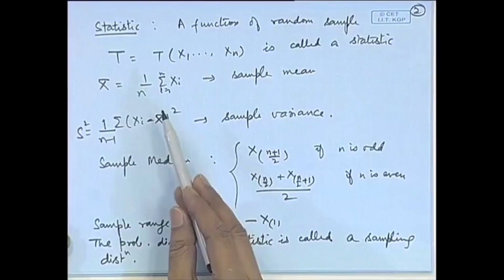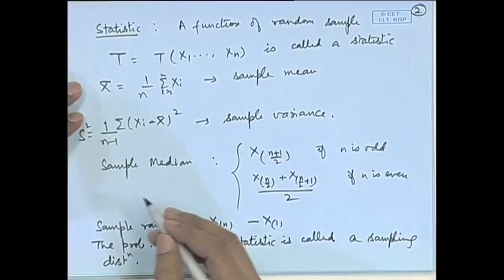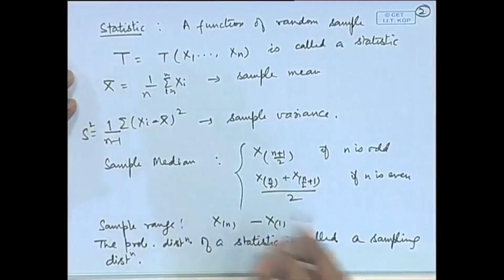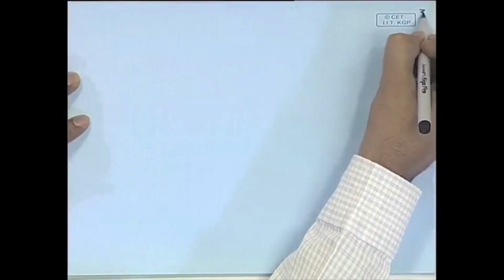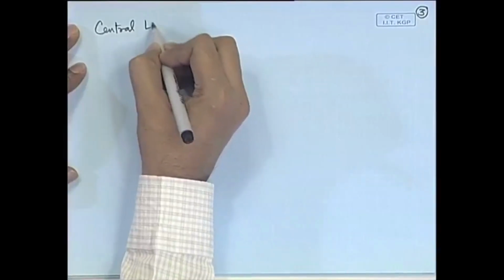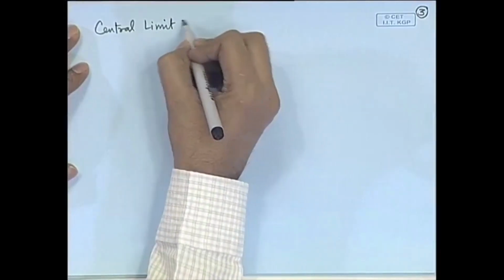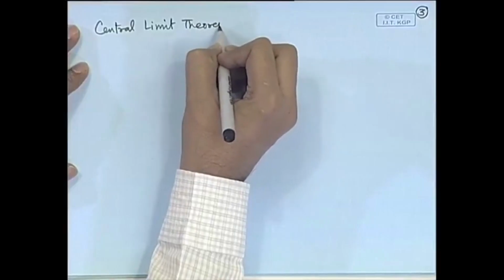However, there are some particular characteristics such as the sample mean or the sample variance which play a very important role, and here we will consider their distributions. One of the first results related to the distribution of the sample mean is quite important, in the sense that it applies to a very large number of situations. It is known as the central limit theorem.